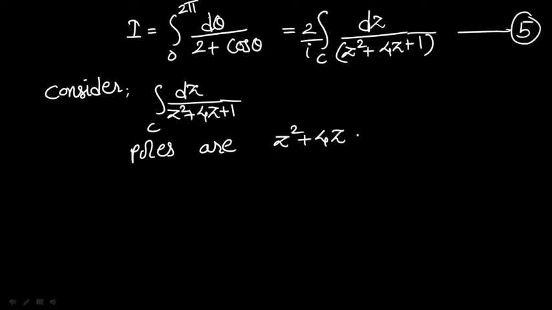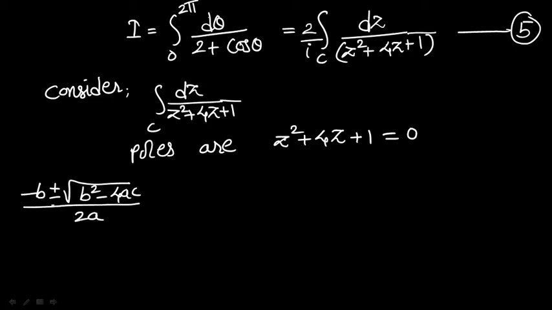Therefore, z square plus 4z plus 1 equal to 0. This is a quadratic equation, therefore we apply the formula minus b plus minus under root of b square minus 4ac upon 2a and find out its roots. Here the value of a is 1, b is 4, c is 1.